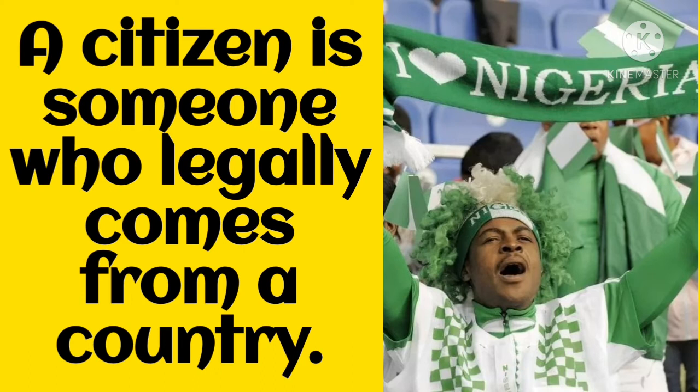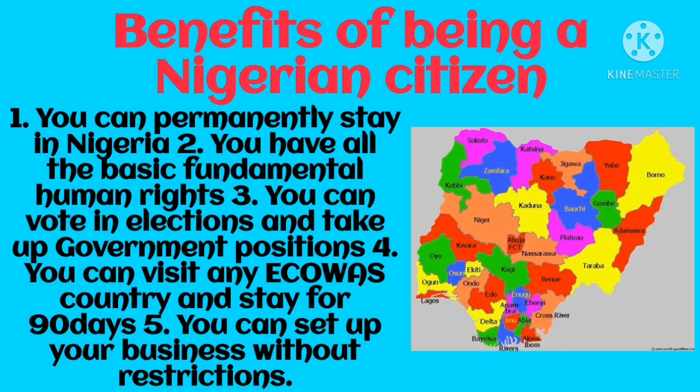Citizens in our country have a lot of benefits that they enjoy. Most times one can become a citizen of a country through birth, through registration, and through naturalization. Naturalization is when outsiders come into the country to naturalize.